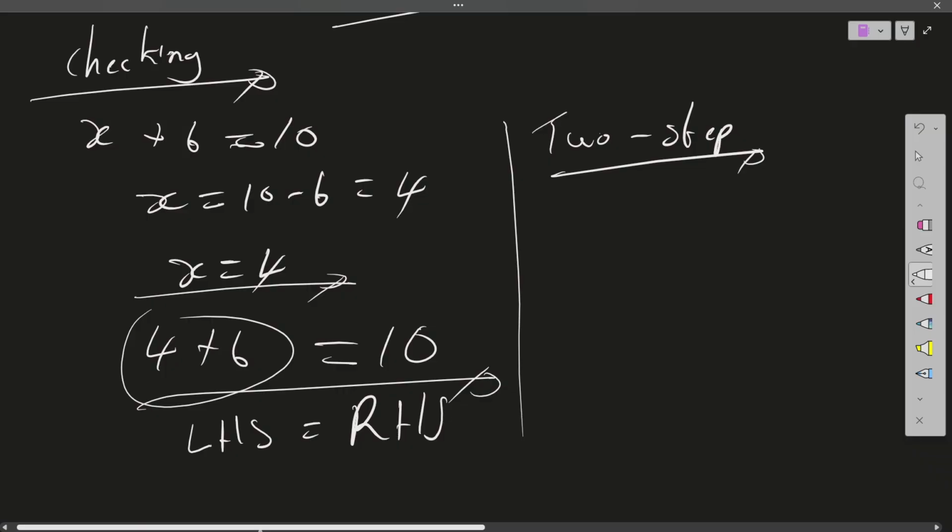And so the variable is not moved randomly. We use the opposite operations to remove everything that is attached to it until the variable stands alone. And so in this video, we solved the one-step equation. In the next video, we will combine these ideas and solve equations that require multiple steps.